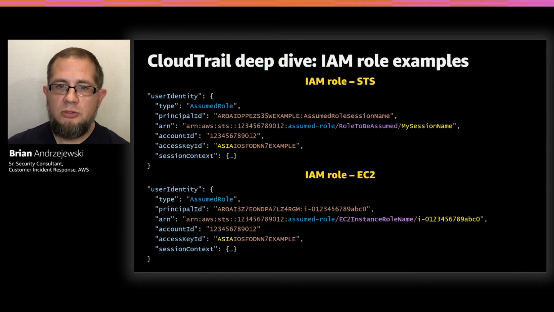For an EC2 instance role, that will use almost the same type of format, but note the difference is the session name is typically going to be the instance ID, unless defined in the CLI or the SDK. Also note it's still ASIA because it is a temporary credential.